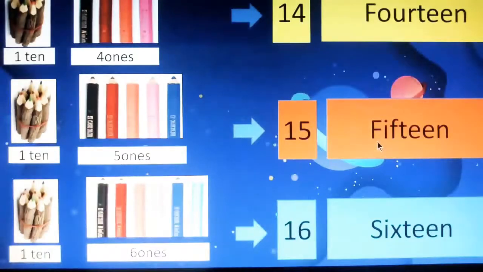Spelling, or you can call it number names: F-I-F-T-E-E-N, 15.